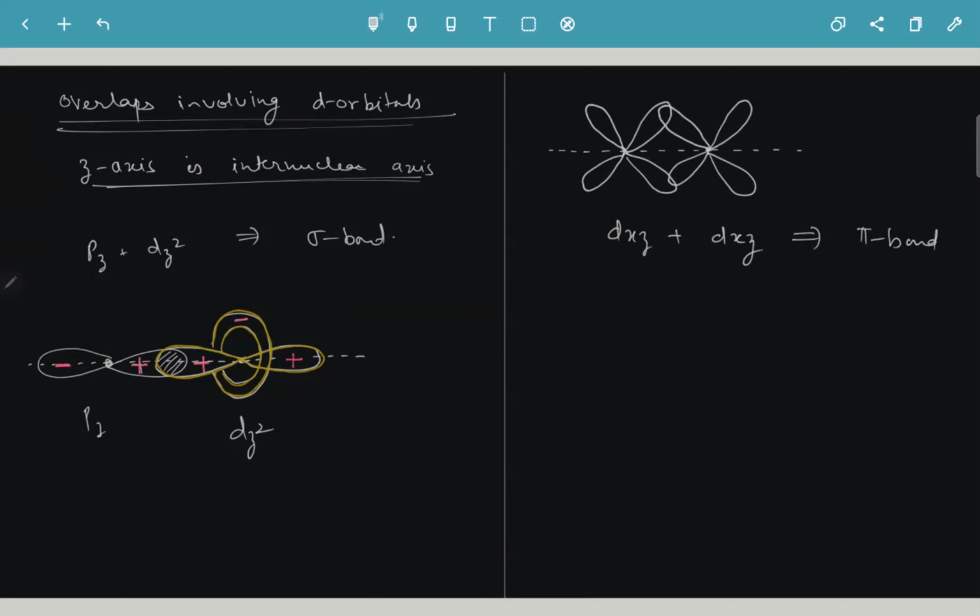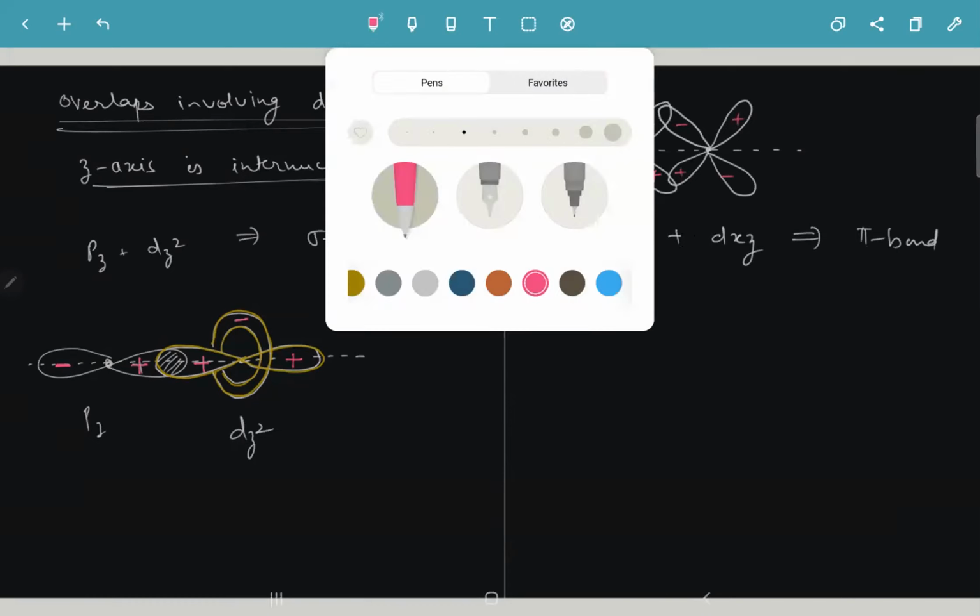It's a two lobe overlap. Look carefully. Positive, negative, positive, negative, positive, negative, positive, negative. It's a two lobe overlap. It's a pi bond.